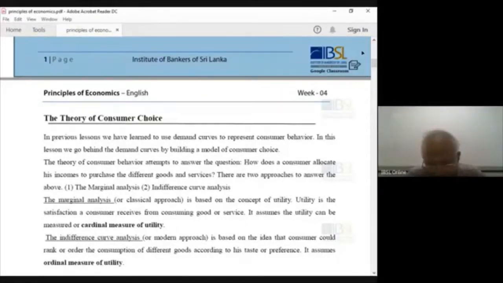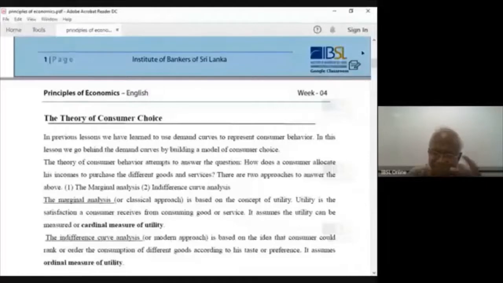Now we know that consumers represent the demand side of the market. Then we can ask a question: how does a consumer allocate his limited income among goods and services?